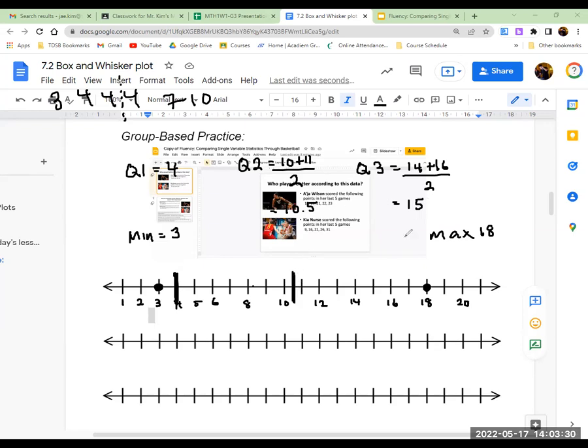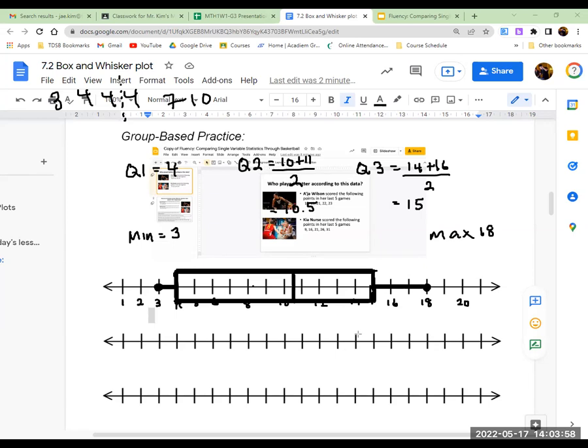And draw another vertical at 15. There it is. And then please connect the whiskers like so. And there you have it.